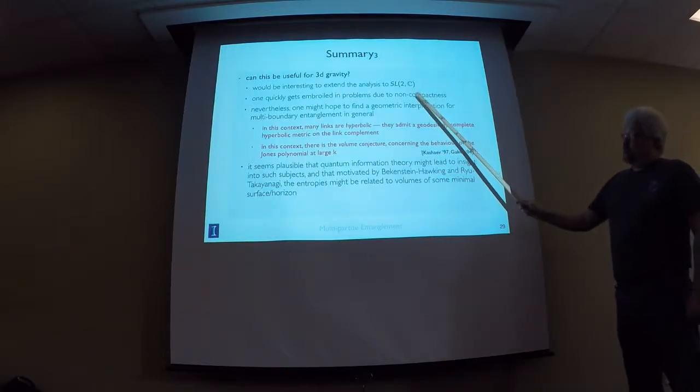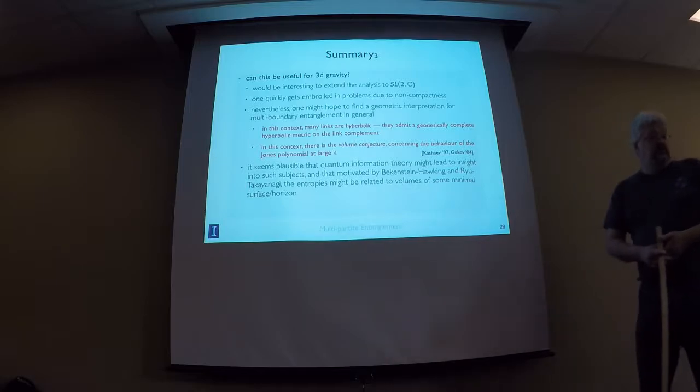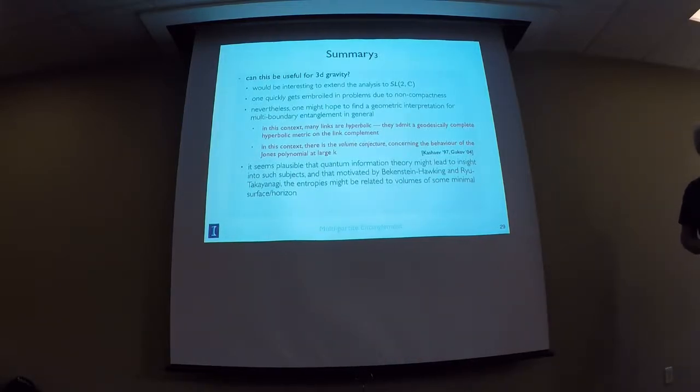There's a big stumbling block here though, which is that SL2C is non-compact. Right? And all of this nice stuff that I've been using, in particular the fact that I had finite dimensional Hilbert spaces, goes out the window. The Hilbert spaces become infinite dimensional, and so you have to be extremely careful and conservative about what you conclude in that case.